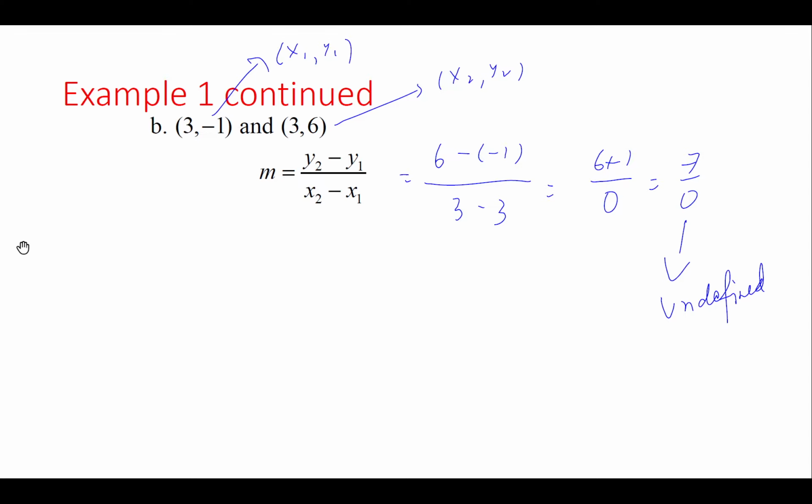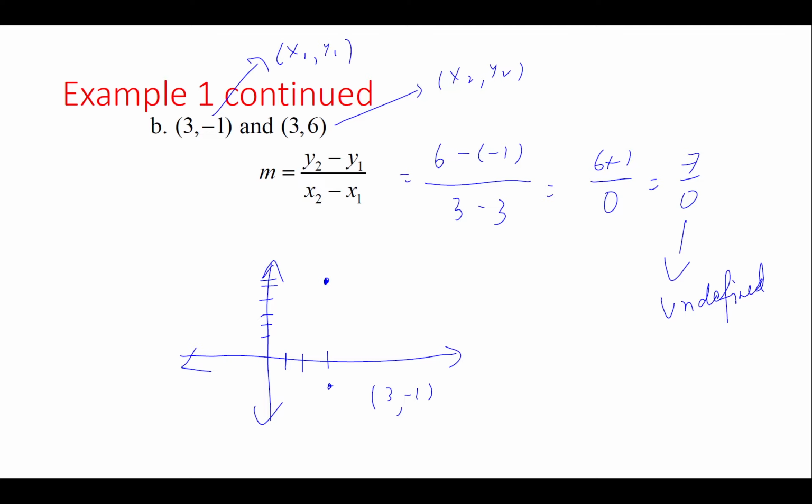If you have a vertical line, then you get an undefined slope. For example, if you try to plot these 2 points, as you can see, (3, -1) is somewhere here, and then (3, 6): 1 2 3 4 5 6, somewhere here.